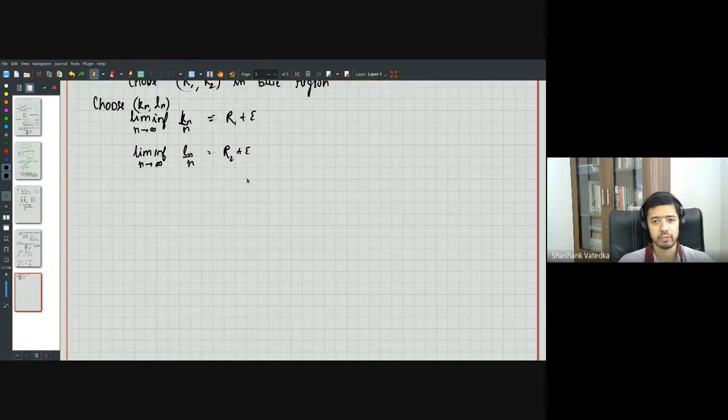Now, suppose that I have done this. Now let's see how you identify the encoder or the code book. We're going to use a random code book.